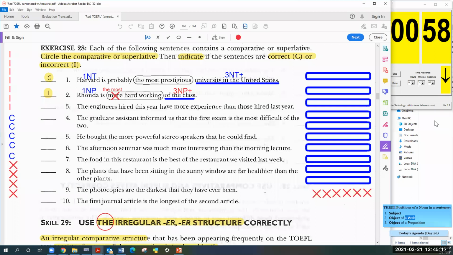One minute. Forty-five seconds. Thirty seconds. Fifteen seconds.